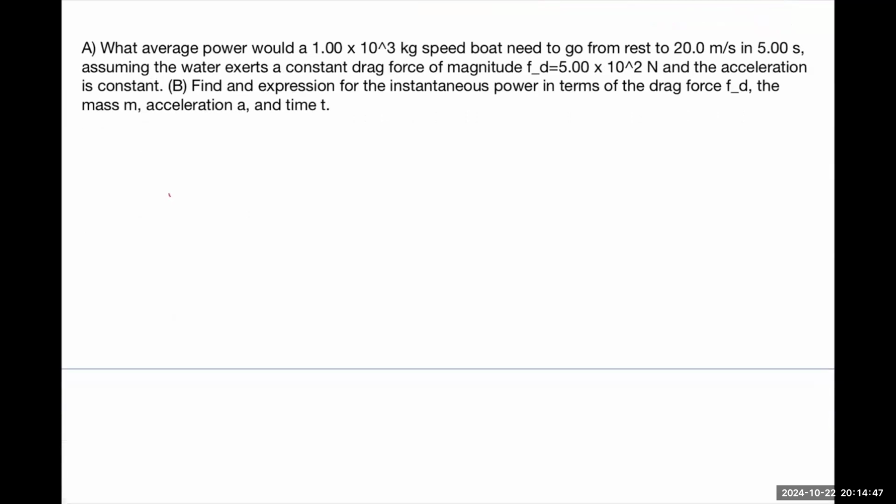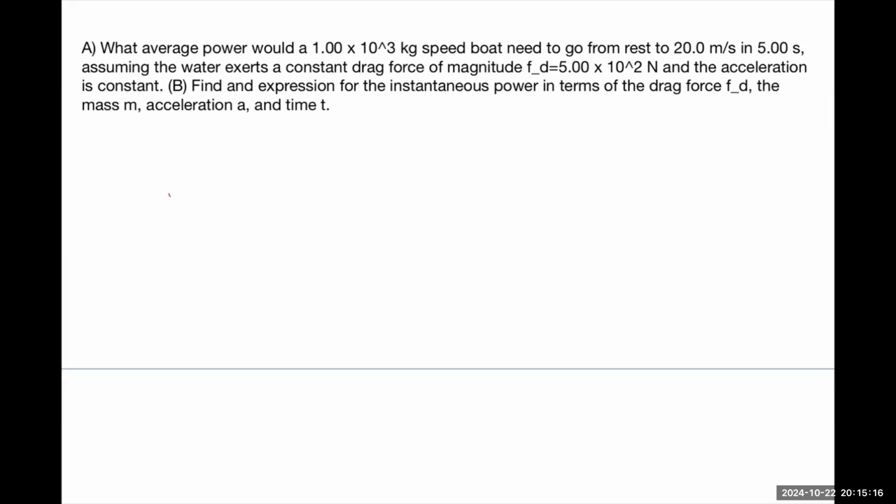Okay. I write down mass equal 1.00 times 10 to the 3 kilogram. Initial velocity u equals 0 meter per second. And the final velocity is 20.0 meter per second.